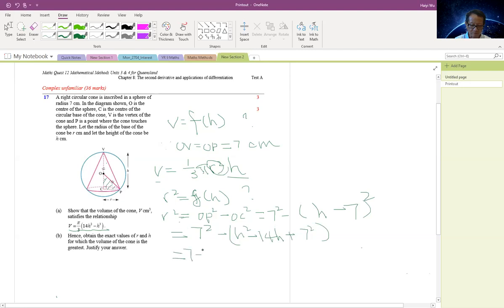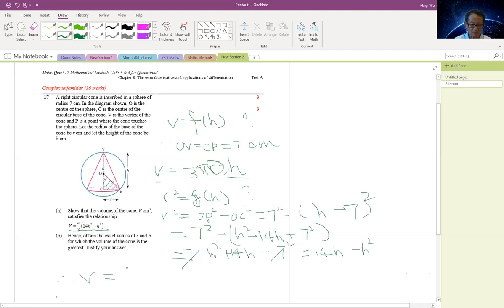Expanding the brackets, it will be 14h minus 7 squared, so that cancels out. There will be 14h minus h squared. So this is the r squared. Let's substitute into the V formula.